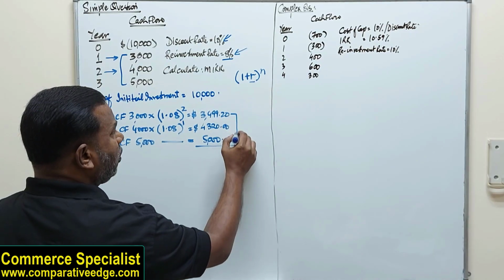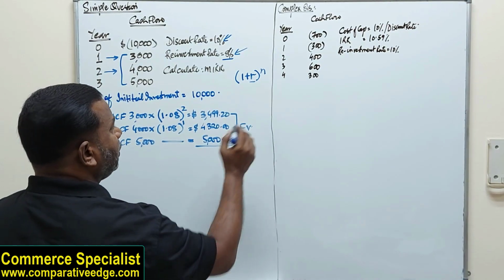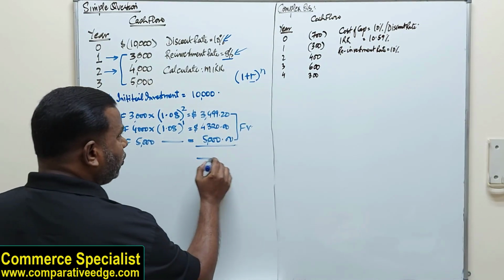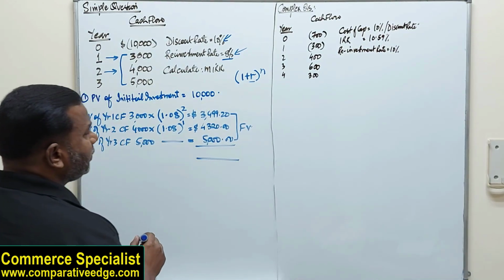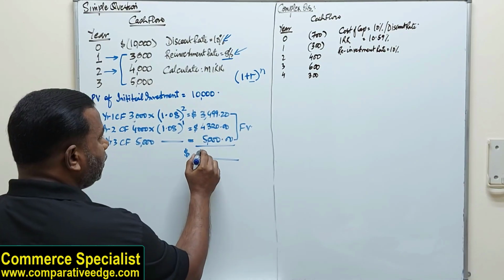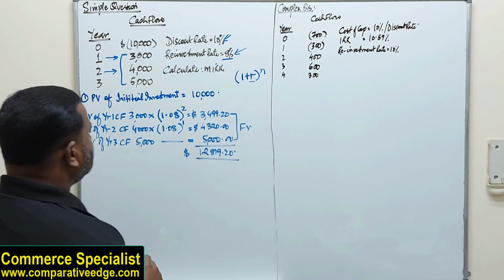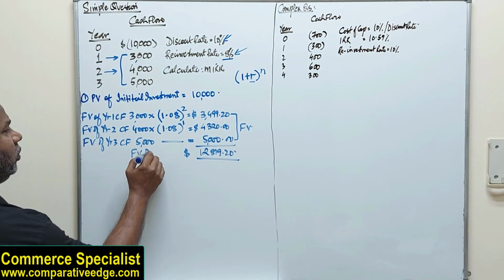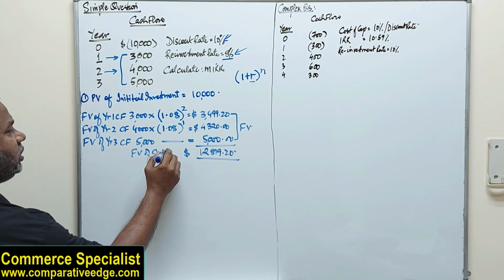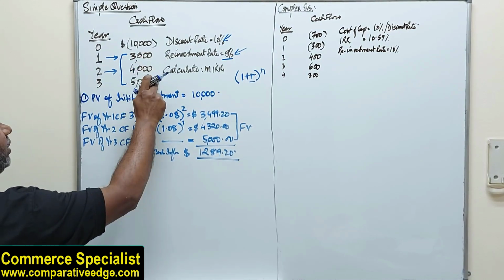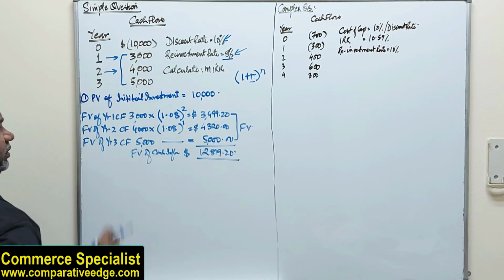So let's add all the future value of the cash flows from the project. If you add all of them, you get 12,819.20. So this is your future value of cash inflows, because this is the cash coming in, which is without brackets. This is the cash going out, which is with brackets.